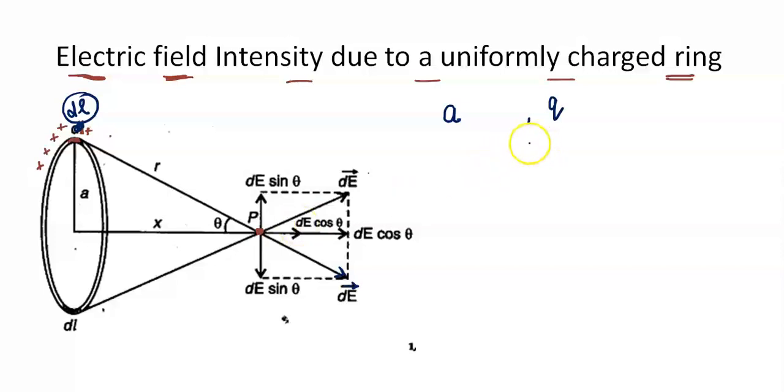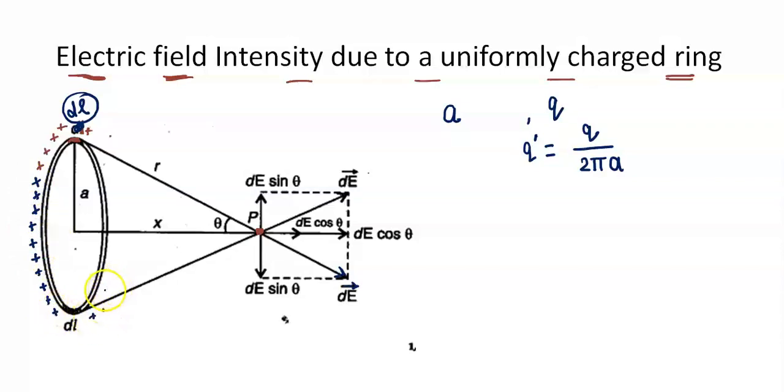So we can write q dash as the charge per unit length, that is q upon 2 pi a, because q is the entire charge, and as I told you, the entire ring is uniformly charged, so the positive charge is uniformly distributed over the entire ring.